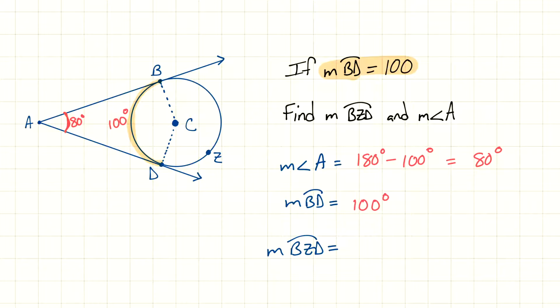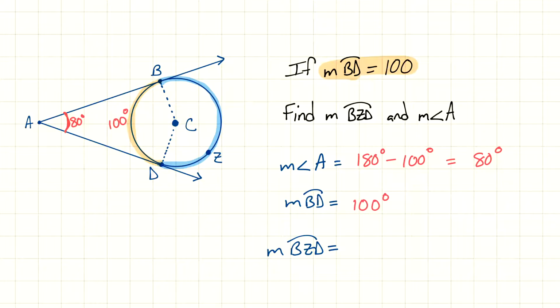All right. Now the last one asks for the major arc BZD. So let me use a different color for that one. B to Z to D. Right, this is the large arc. So I mentioned earlier, minor arc and major arc add up to 360 degrees.